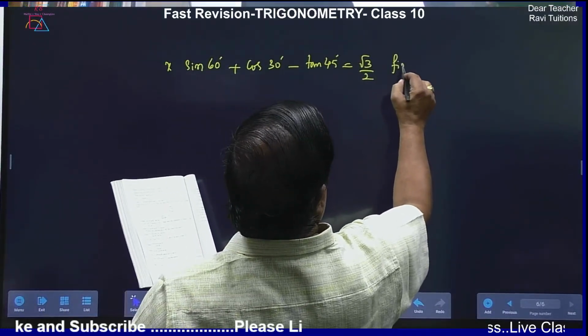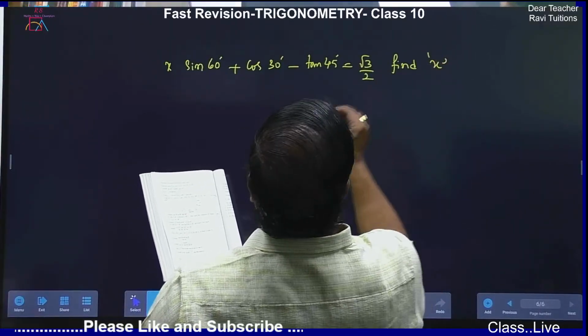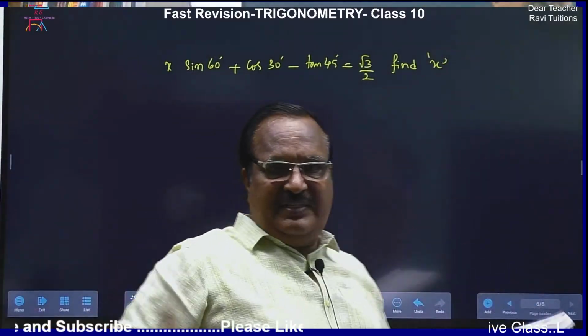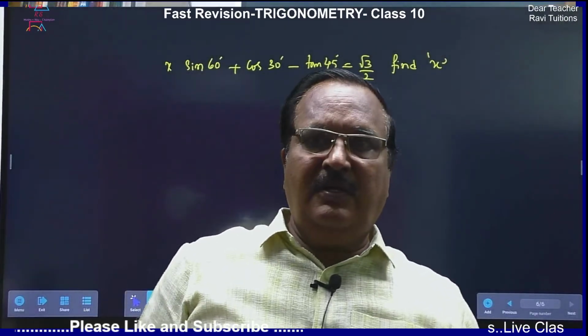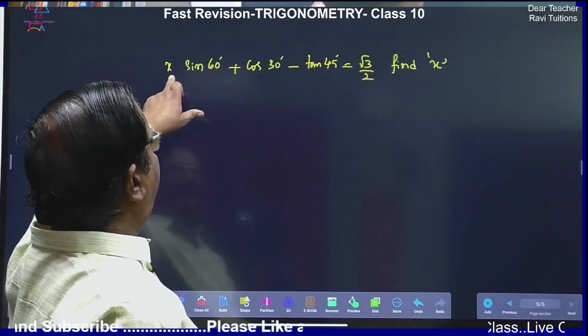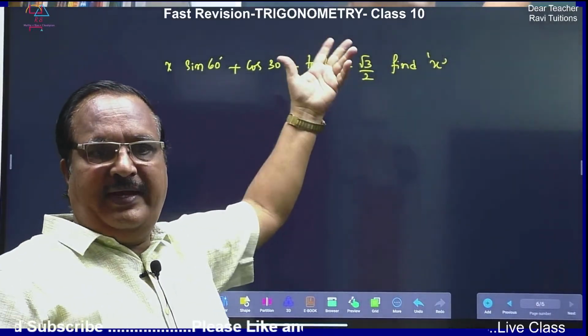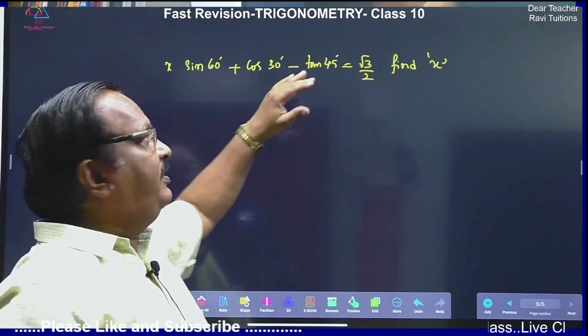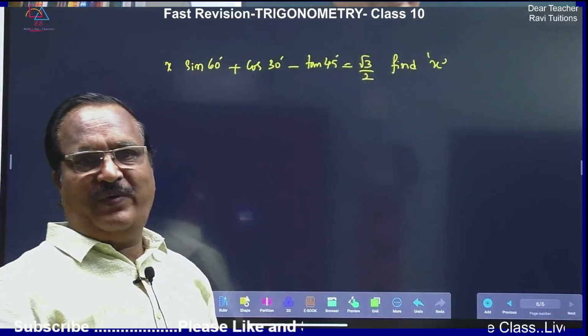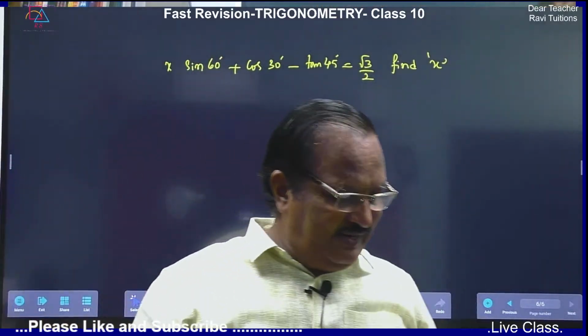Find x. So it is like a previous question only. The x value is remaining. You put all the values of everything and you will get a linear equation in one variable. Find the value of x. This also I am leaving to you.